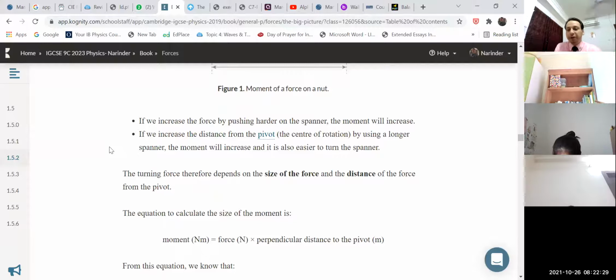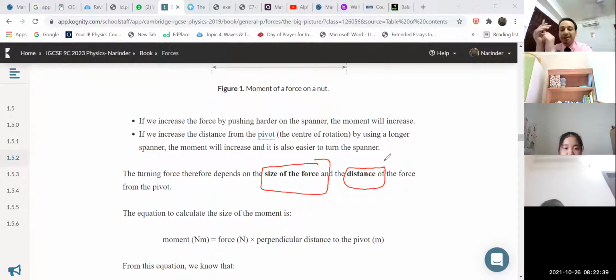The turning effect of force depends upon two factors. One, the size of the force. And the second, the distance of the force from the pivot. Pivot means, children, the axis of rotation. Pivot, P-I-V-O-T. Pivot means the axis about which the object is moving, rotating, after the effect of force.